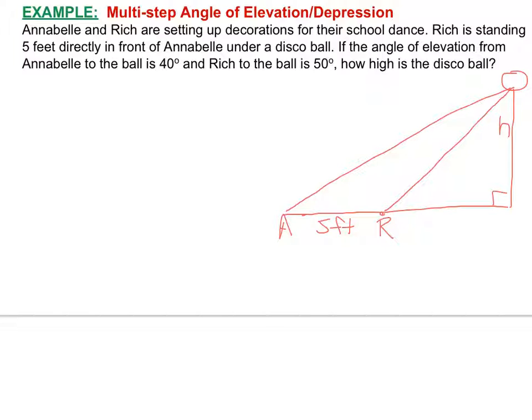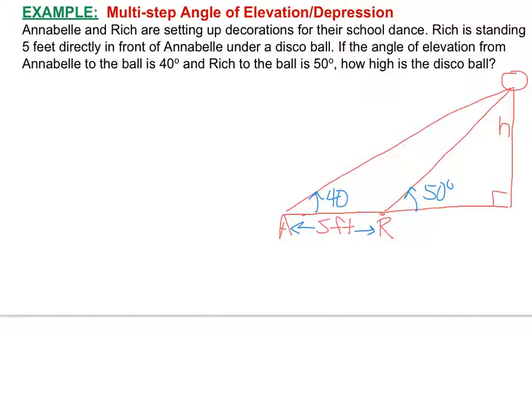So this 5 feet is only the distance between Annabelle and Rich. The angle of elevation for Annabelle is 40 degrees, and the angle of elevation for Rich is 50 degrees. So we have to find h.